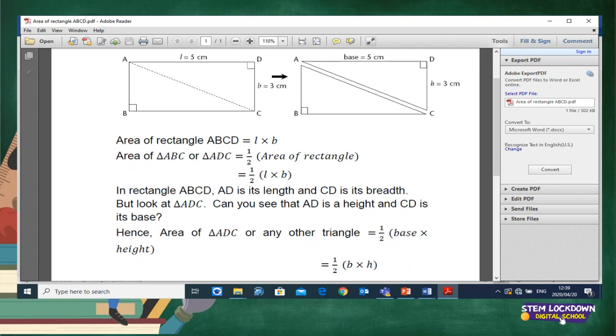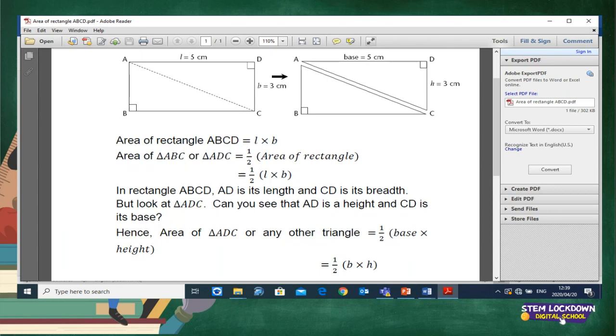So this is how you derive the formula to calculate the area of a triangle. It should be clear at this point that we have now derived the formula.